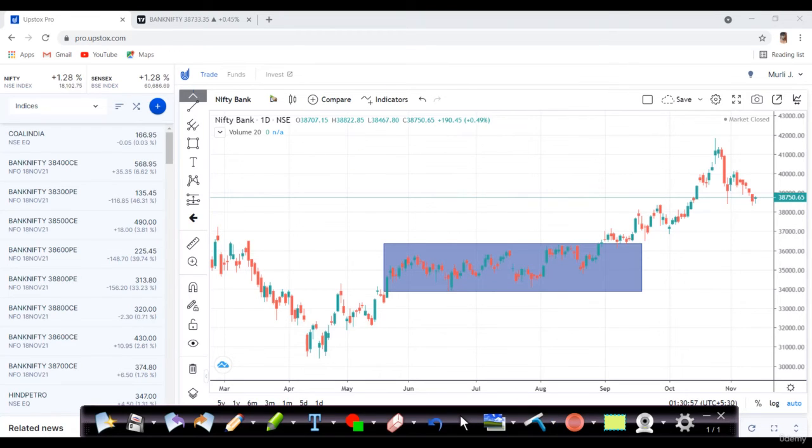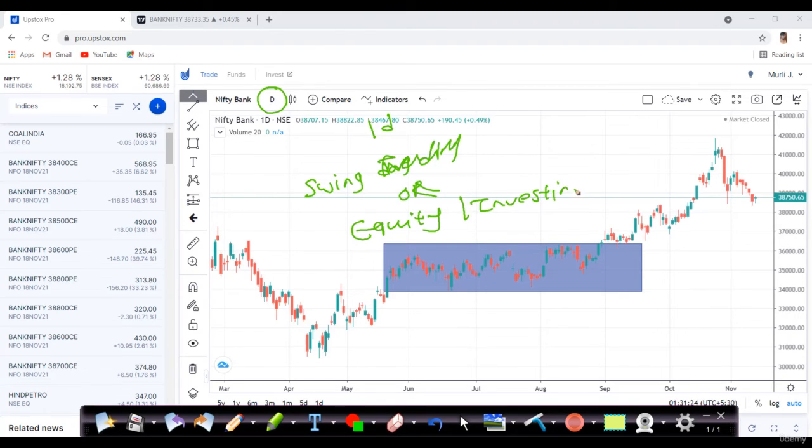But you can choose one day as a time frame, and if you are going for swing trading for the long term, like 15 days or 30 days, or you want to invest in short term equity, then go for the Darvas box price action.